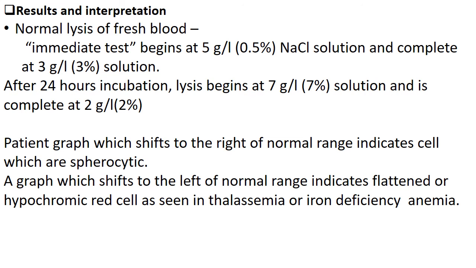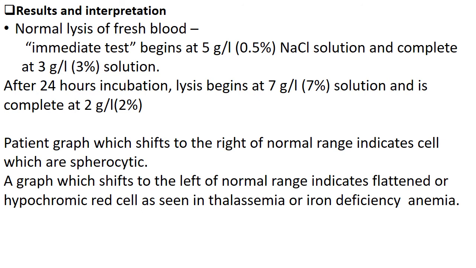The test tells us that there are spherocytes, but not why those spherocytic cells are present. It only tells that the cells are spherocytic in nature. The incubation magnifies the spherocytic defect, and the result of the incubated blood is more diagnostic than the immediate test in a patient with a mild defect.